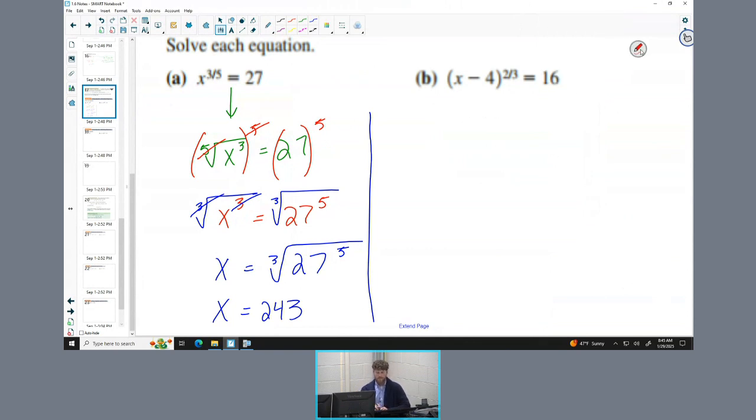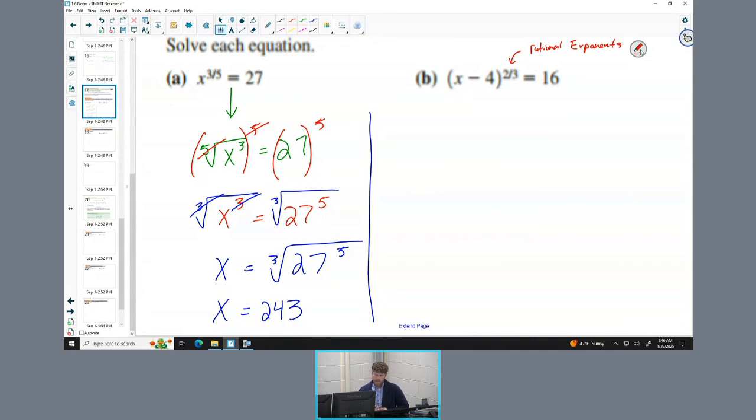Let's try this next one. Same idea, right? I'm going to rewrite it. And these are called rational exponents. Rational exponents are just fractions. Rational numbers are fractions, basically.